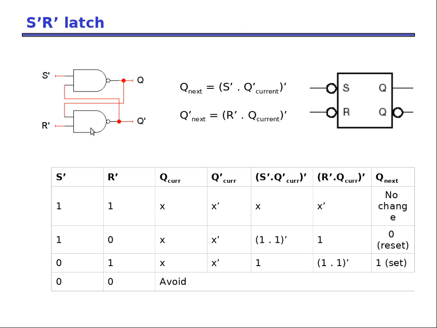So now we know that our 1-bit memory takes how many? Ooh, that's a good question. How many gate delays does it take to set or reset our S naught R naught latch?